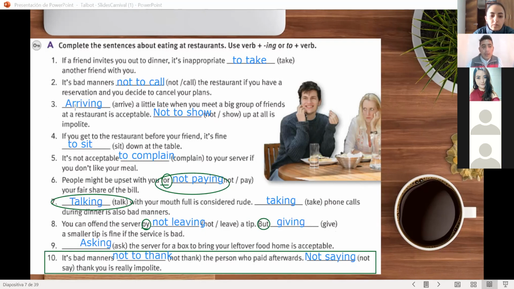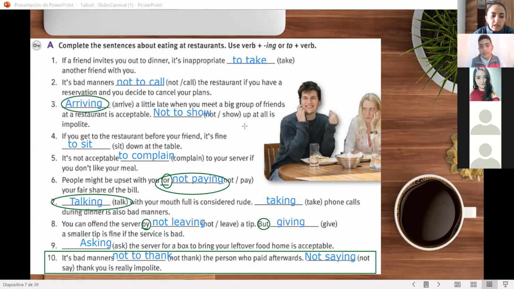Don't forget. And also, if the verb is the subject, it means that when you're writing the sentence and you start with the verb, you need to add ing to the verb. In this case, arrive, arriving. In this case, talk, talking.